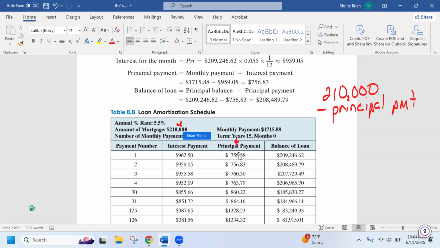So I take that, subtract this, and I get this number. Now I take this, subtract that, and get that number. And then I take this, subtract that, and get this number, and that's how I get this. My interest payment is from that formula, I equals PRT, where the principal changes each month and becomes this new principal amount here.